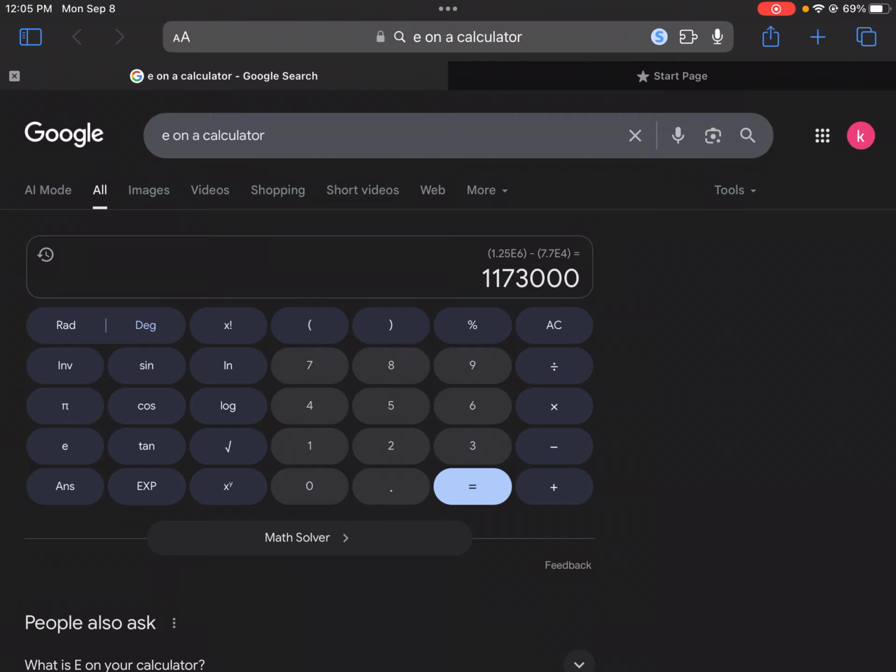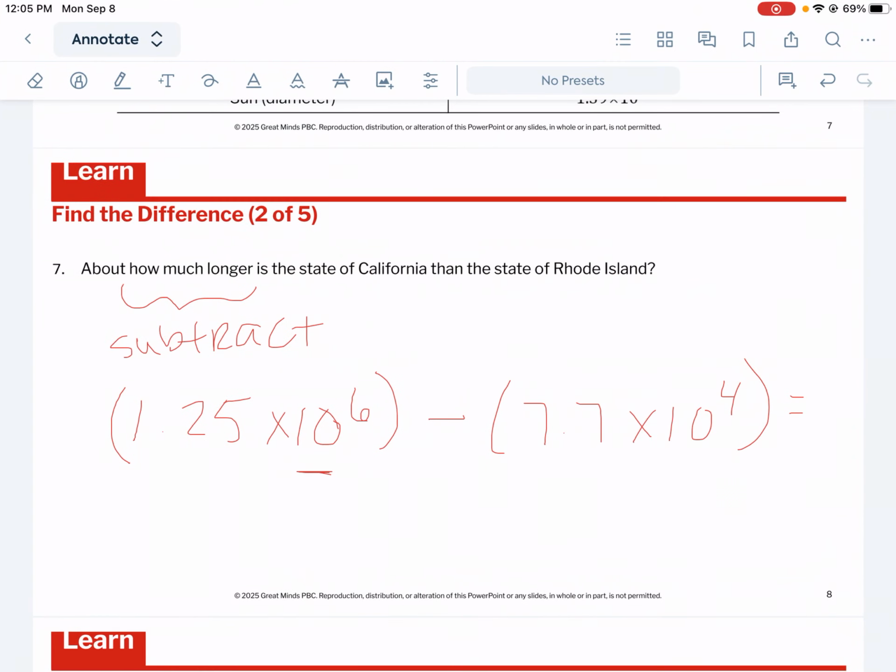Okay? So on our paper, we're going to put that this equals 1.173 times 10 to the 6. That's how you do it on calculator.